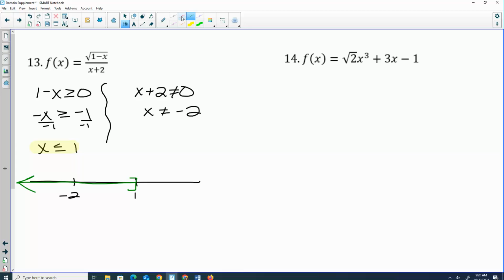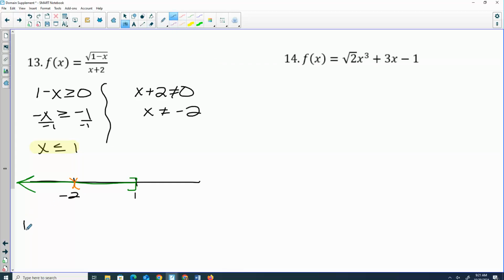But when I say not equal to negative 2, that means I cannot include the negative 2. So I'm going to have to break right here. I can have things smaller than negative 2, I can have bigger than negative 2, but I can't have the negative 2 itself.